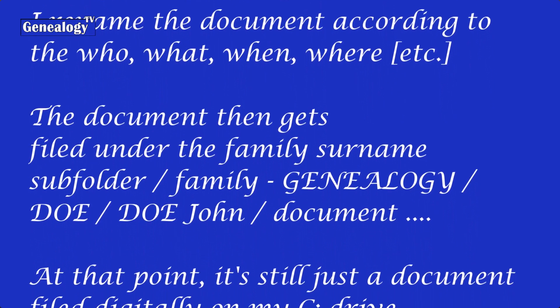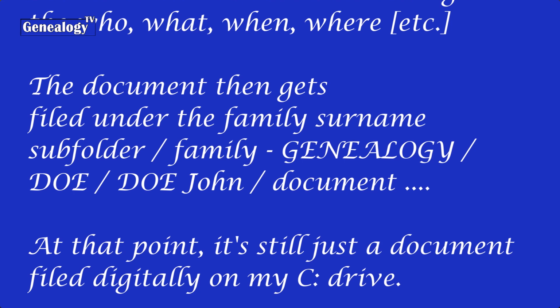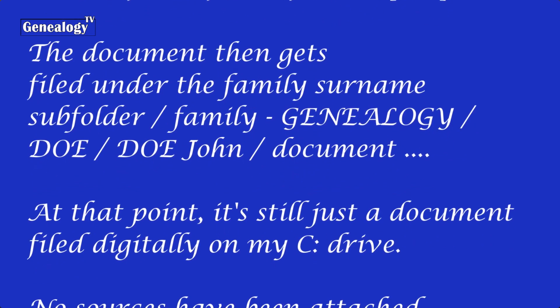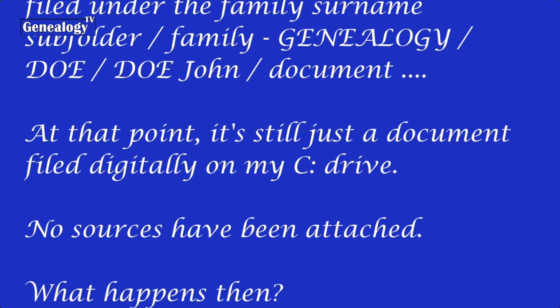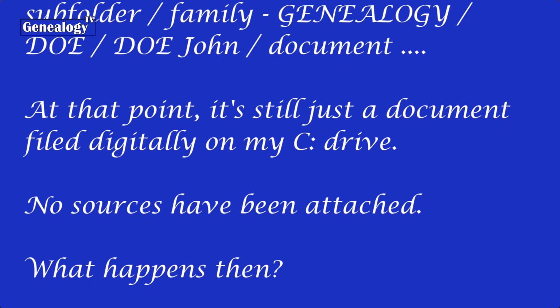And the document then gets filed under his family. He's got his own file process. The surname folder and then the ancestors folder and then the document. He says, at that point, it's still just a document filed digitally on my C drive. No sources have been attached. What happens then? So, great question.